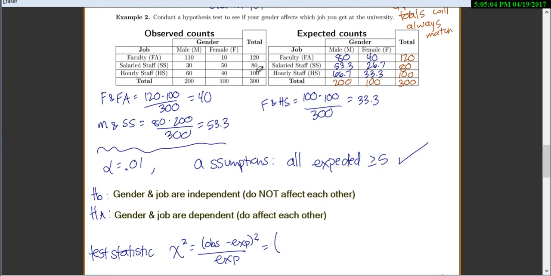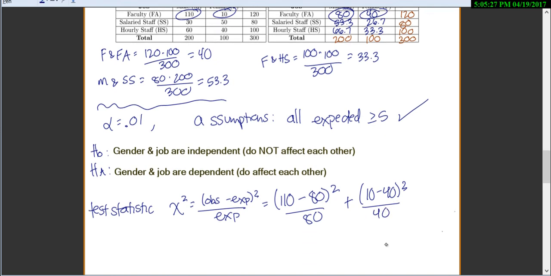So I go through and I say, okay, my first observed value is 110. And then I match it up to the expected value in the same spot, which is 80. Square it and divide by 80. Plus, and then I go to my next one, which is 10, and match it up to its expected of 40. So 10 minus 40 squared over 40.